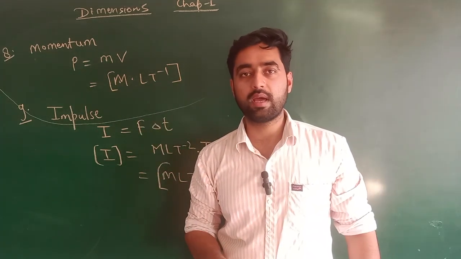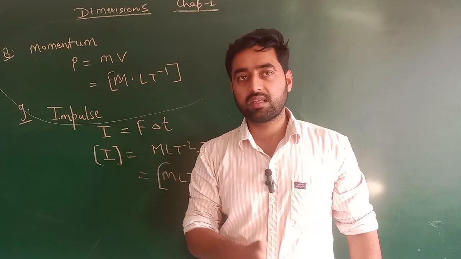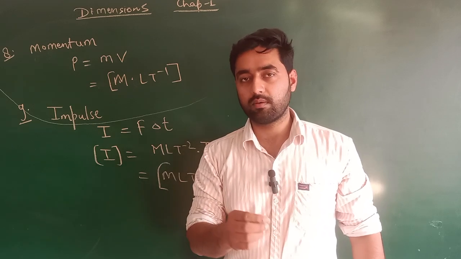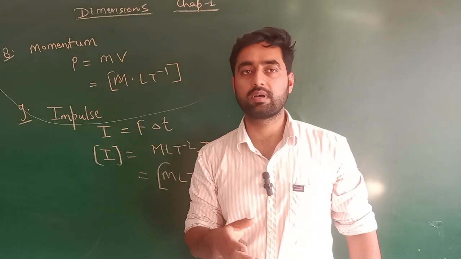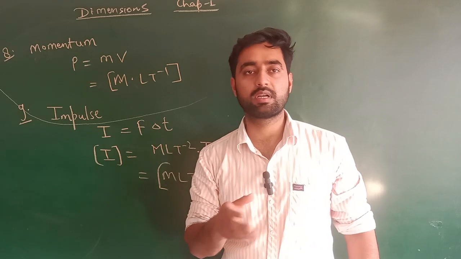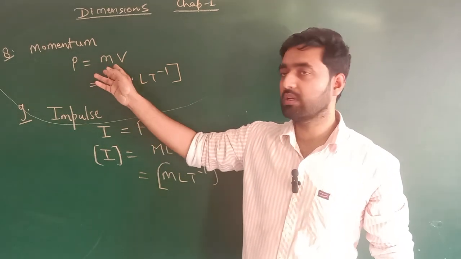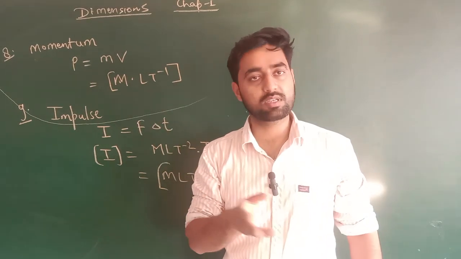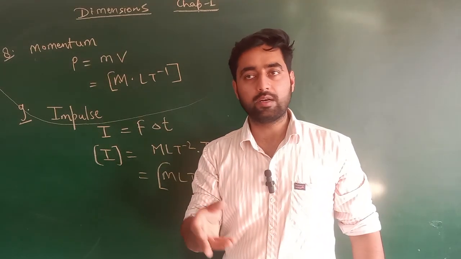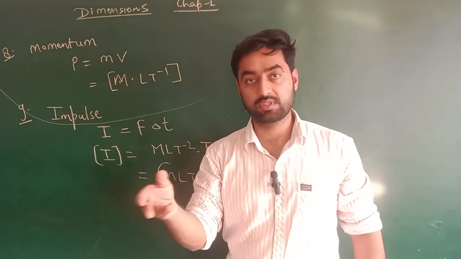Just focus on the formula and break it into fundamental physical quantities, as we have symbols only for the fundamental physical quantities. Once you break P is equal to mv into fundamental physical quantities, you have the dimensional formula also. So you can directly calculate the dimensional formula of any given physical quantity.